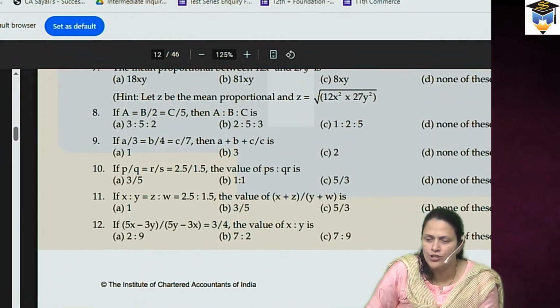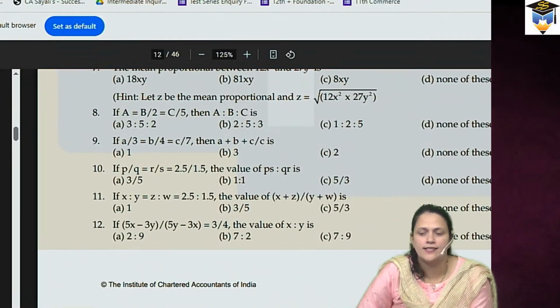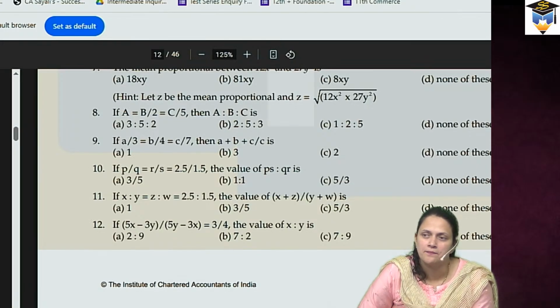So now I want you to solve the 8th sum. Try the 8th one. If a upon 1 is equal to b upon 2, that is equal to c upon 5, find out a is to b is to c. Now a upon 1 they have not given us, but whenever nothing is given, that means 1 is there. So a upon 1 is equal to b upon 2 is equal to c upon 5.